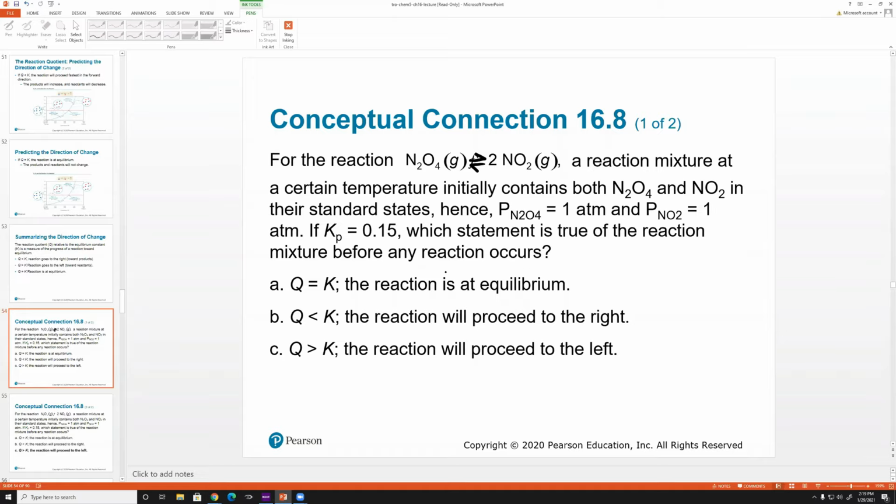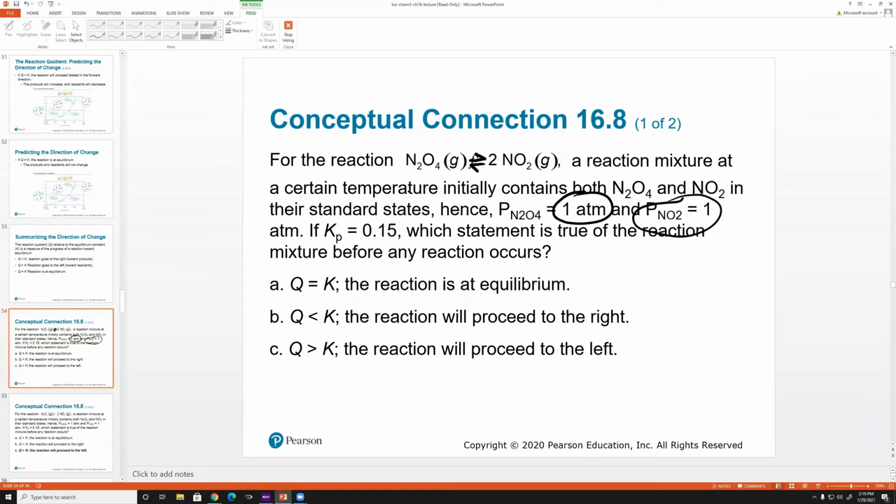Kp is 0.15. This means the reactants are favored because it's less than 1. So if we have 1 atm of the reactant and 1 atm of the product, which direction is the reaction going to go? It's going to go towards the reactants.